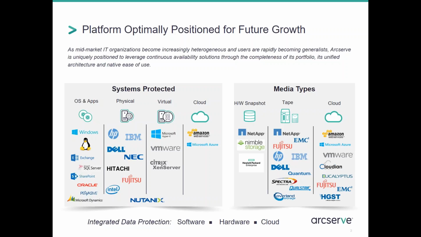So if you're running NetApp, Nimble, or HP 3PAR integrated SANs, we can integrate with the disk array management and offload VMware and physical and Hyper-V backups onto the SAN to provide higher performance and scalability in backing up virtual environments and physical environments and taking the load from the host level environments.